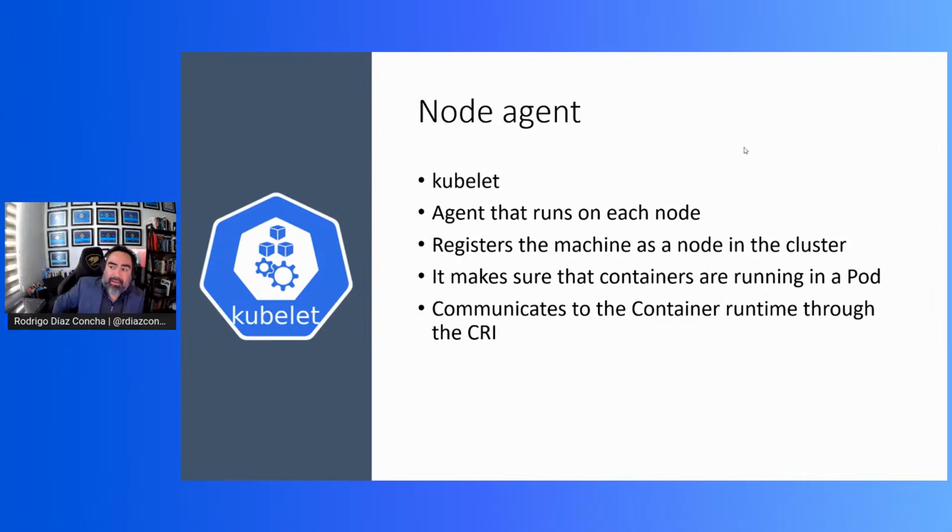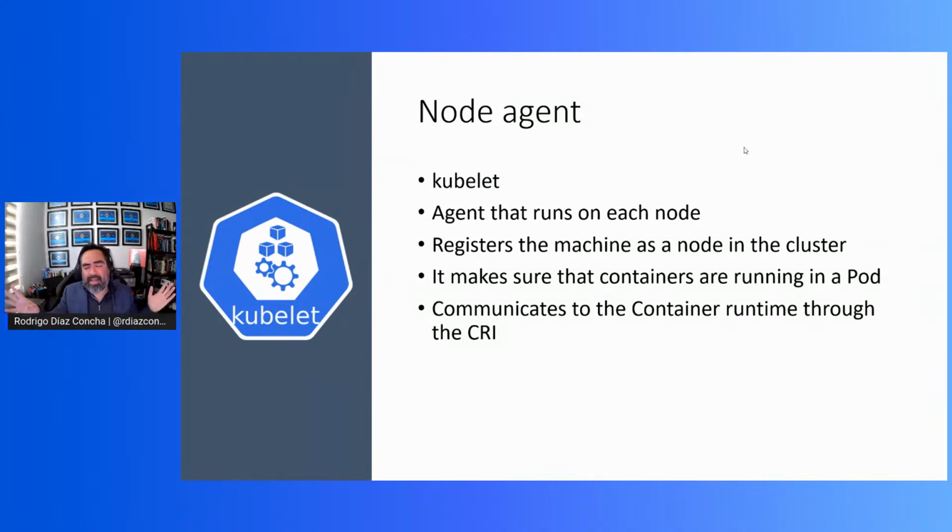Remember that Kubernetes doesn't know anything about containers. I mentioned that the other day. Kubernetes doesn't know anything particular about containers, okay? What's going on here is that Kubernetes uses this container runtime interface, which is a public interface that container runtimes have to implement in order for Kubernetes to communicate to the container runtime.